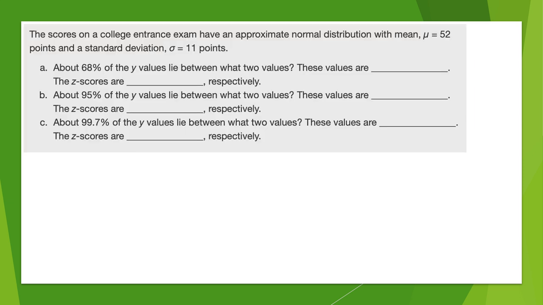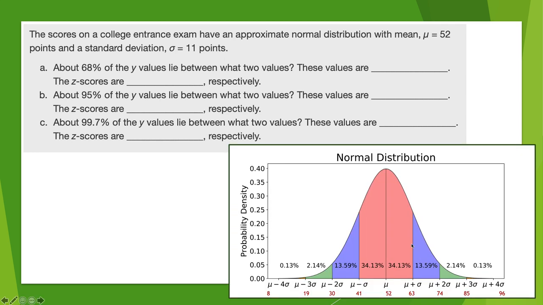The scores on a college entrance exam have an approximate normal distribution, meaning it looks like the curve we just went over, where the average is 52 points and the standard deviation is 11 points. About 68% of the y values lie between what two values? Well, to begin to understand that, we have to recall that 68% of the scores, this 34 and 34 in the red shaded areas, are between one standard deviation below and one standard deviation above.